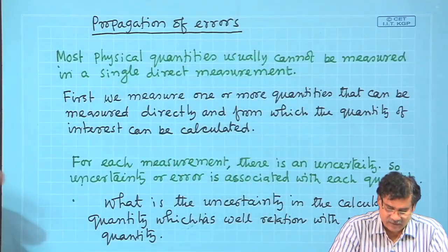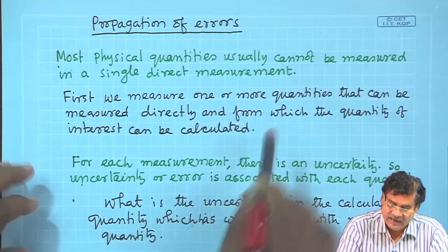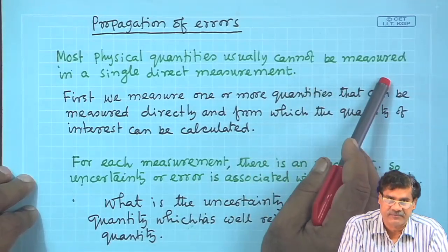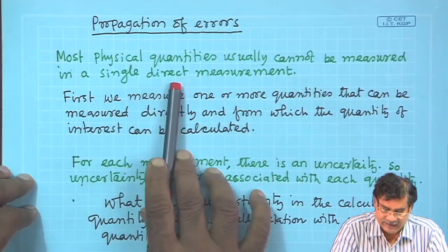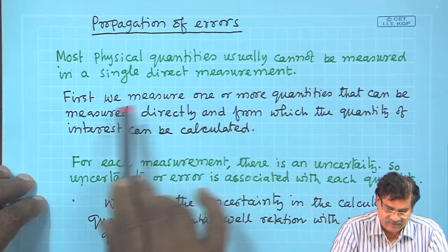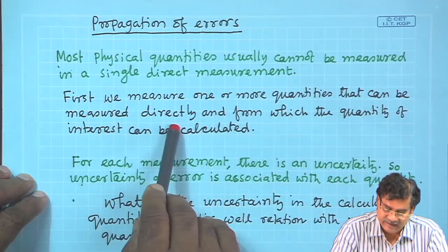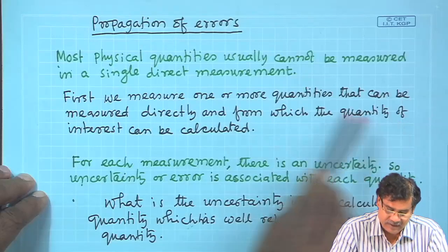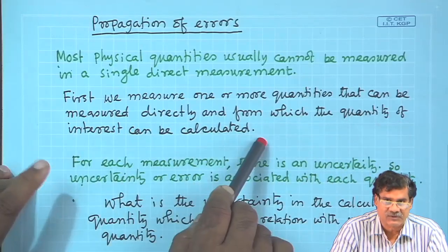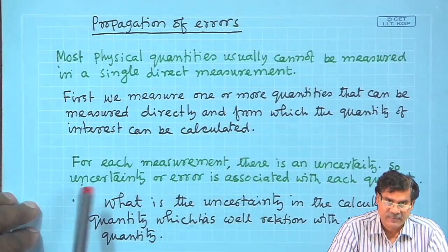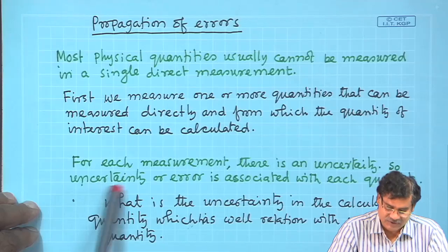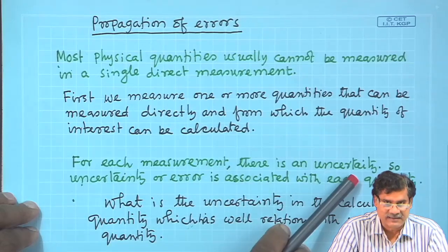Most physical quantities usually cannot be measured in a single direct measurement. First, we measure one or more quantities that can be measured directly and from which the quantity of interest can be calculated. For each measurement there is an uncertainty.